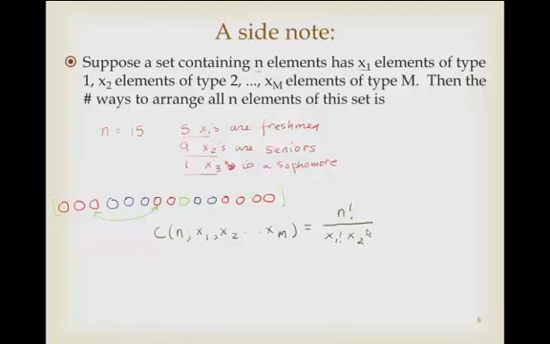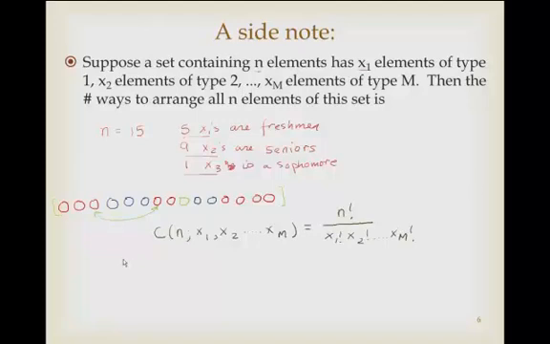This is kind of like that r factorial. We divide out each of these possible local ways we can rearrange, like all the red ones. By dividing that out from the n factorial, we have the combinatorial for this set that has multiple elements of given types.